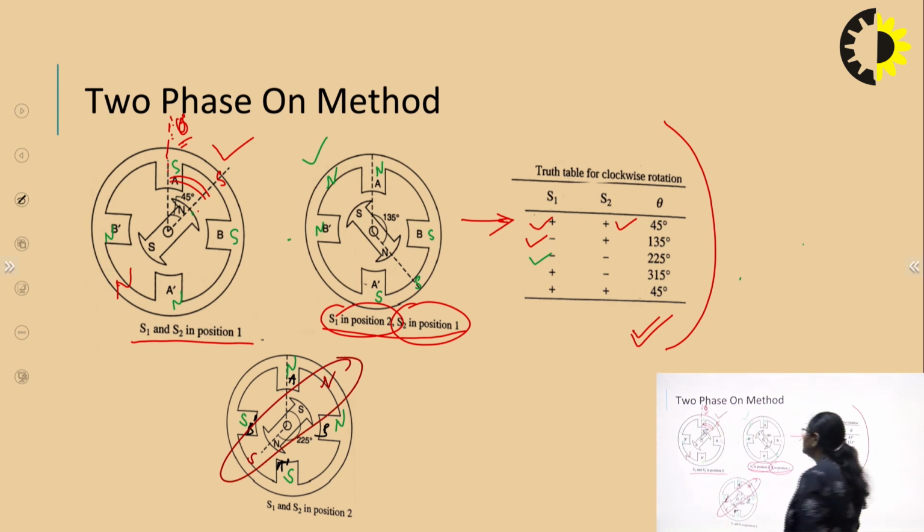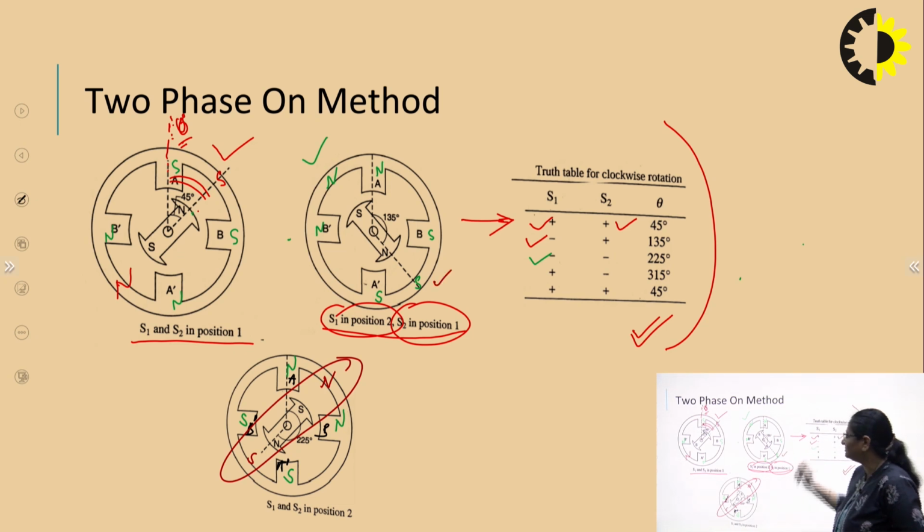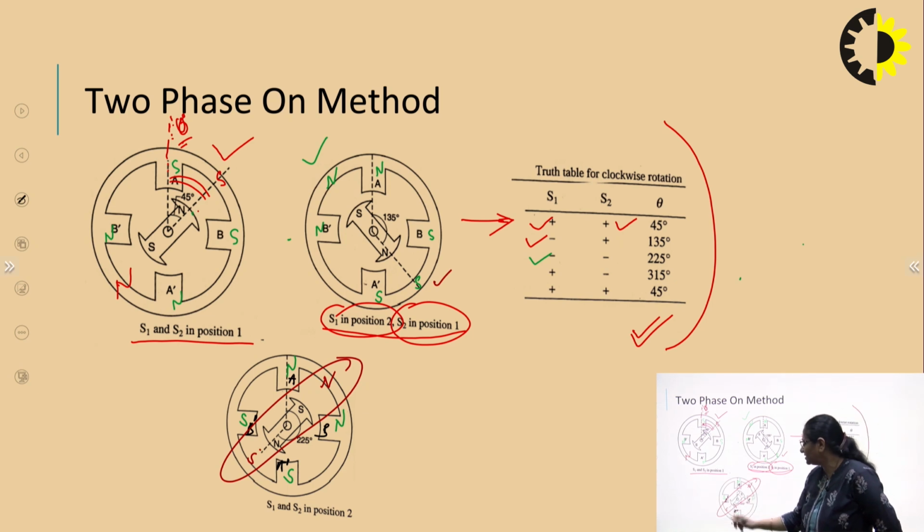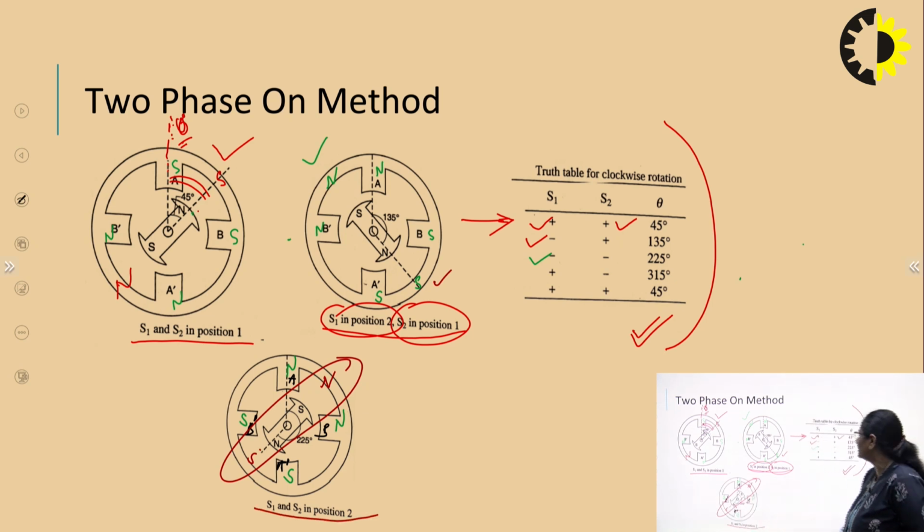What was the previous position of the rotor? It was here, right? Rotor has rotated by another 90 degree to align itself with the resultant magnetic field under this condition. So, the rotor with respect to the reference angle is at an angle of 225 degree.